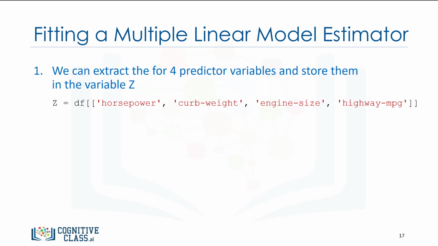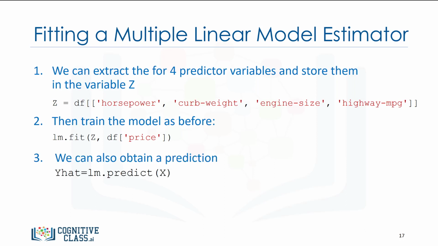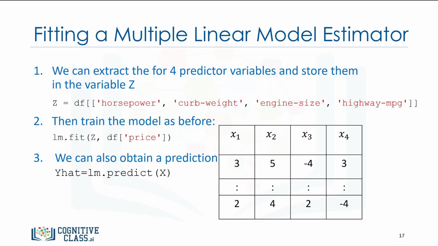We can extract the 4 predictor variables and store them in the variable z. Then train the model as before using the method fit, with the features or dependent variables and the targets. We can also obtain a prediction using the method predict. In this case, the input is an array or data frame with 4 columns.